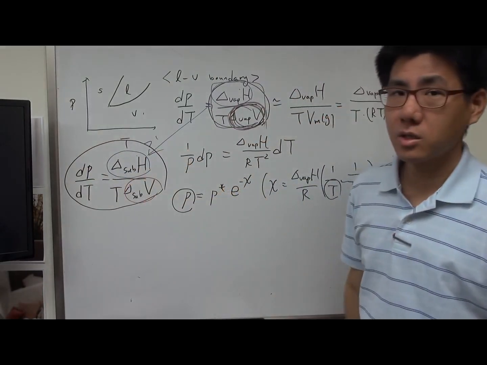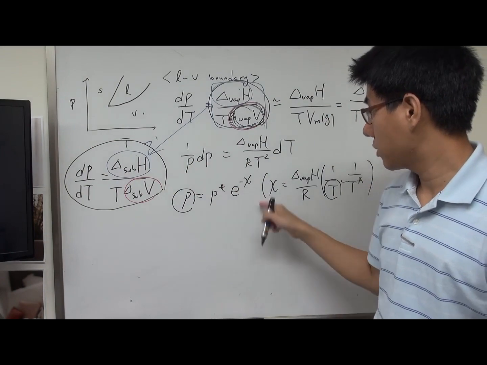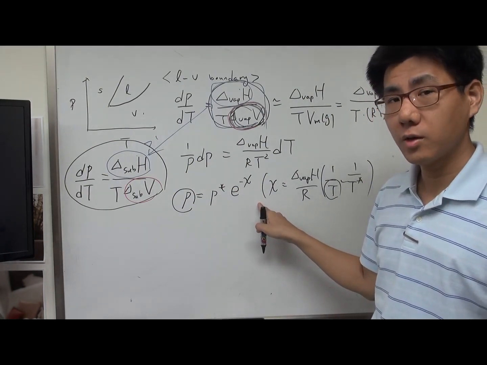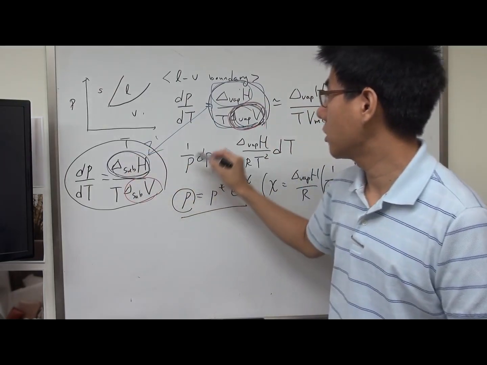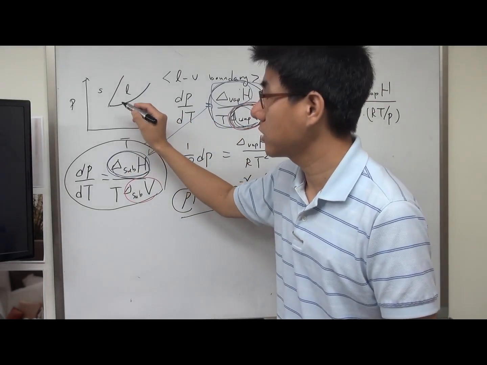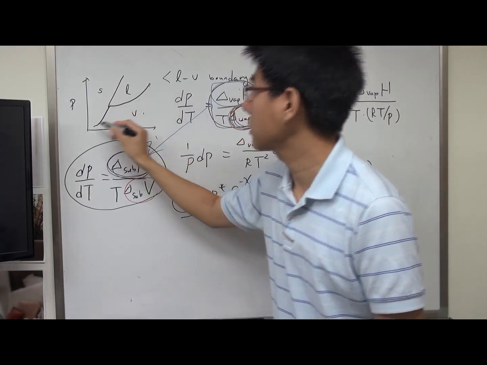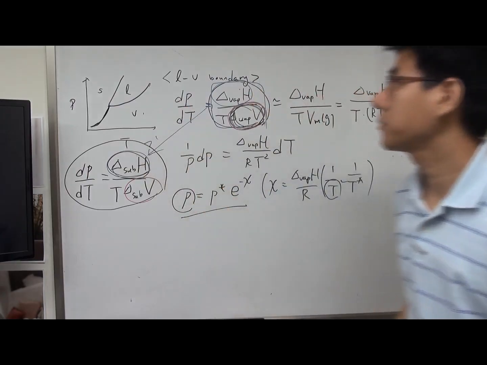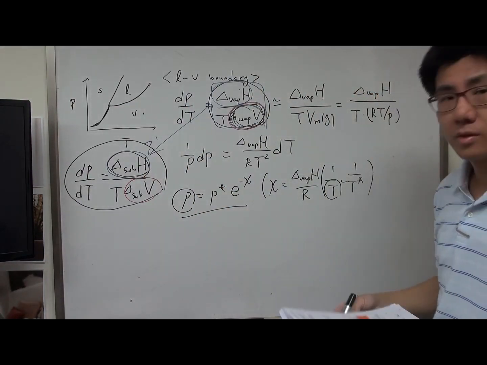So if you solve this differential equation, you'll get pretty much the same form of equation, but the slope is a little bit larger than this. Okay, so the shape is pretty much the same, but the slope is larger than this. So like this. Okay.